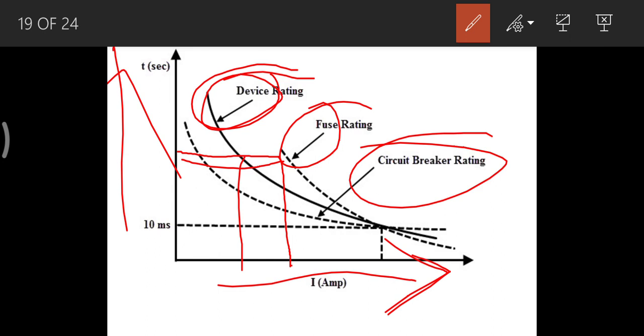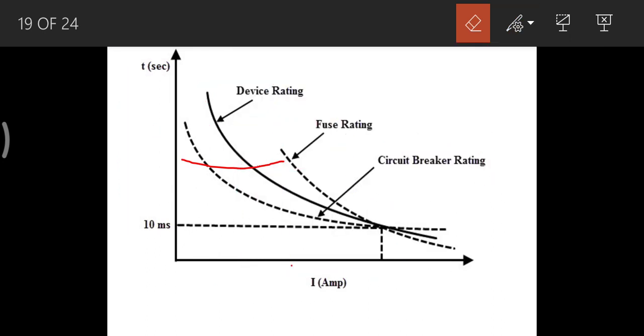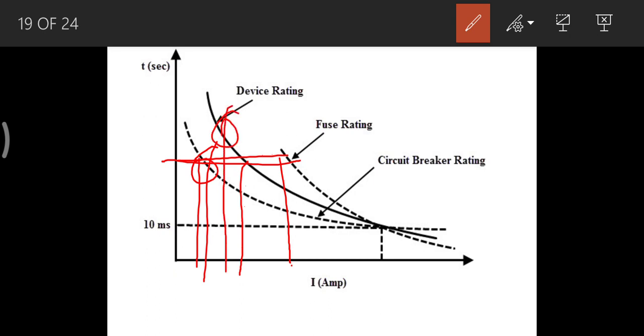The circuit breaker is designed for very fast operation. That means, see here, at the same time the current is less compared to the device current.